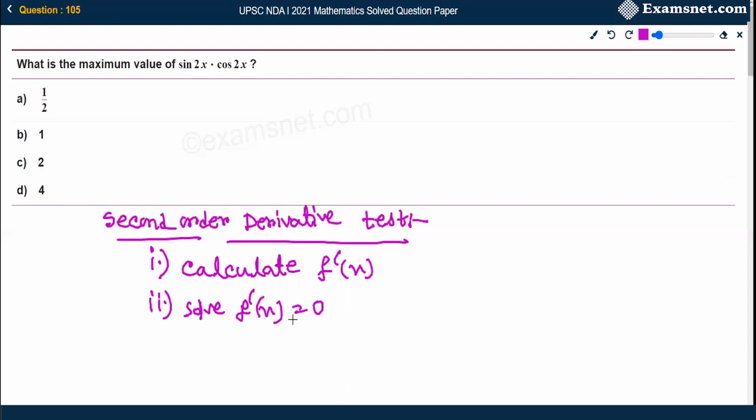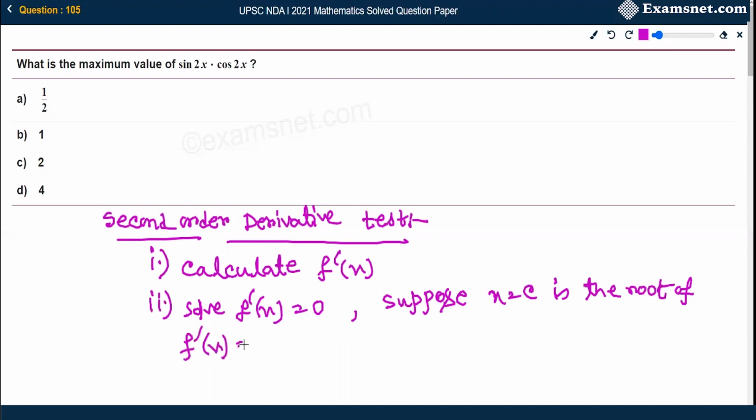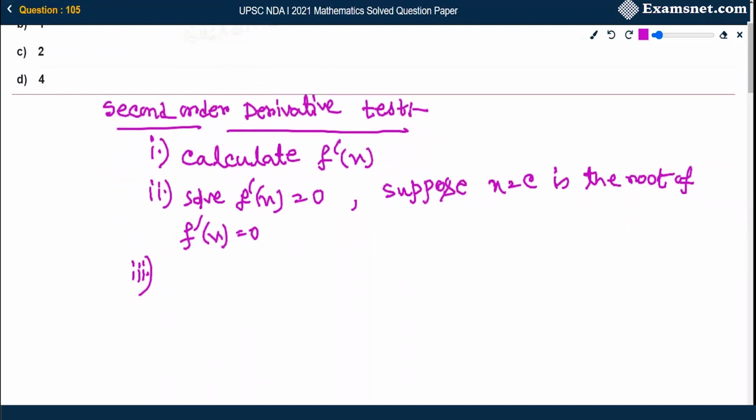Suppose x equals c is the root of f dash x equals 0. In the next step, we will calculate f double dash x, the second order derivative of f of x.